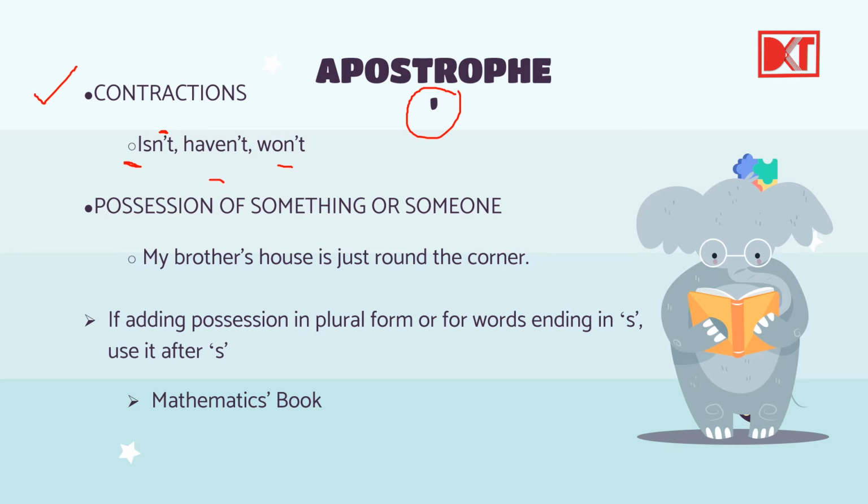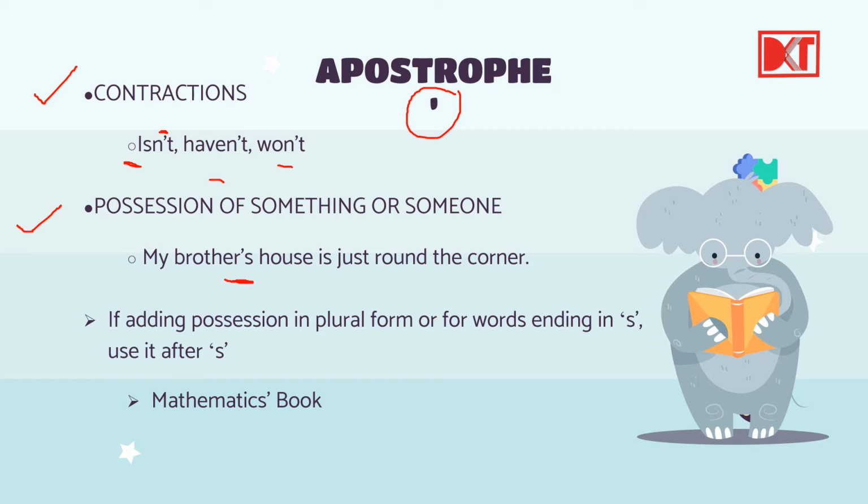Another way in which an apostrophe can be used is telling about the possession of something or someone. Like here, my brother's house is just round the corner. Brother's house. Here you use an apostrophe to tell about the possession of who? Possession of the brother.